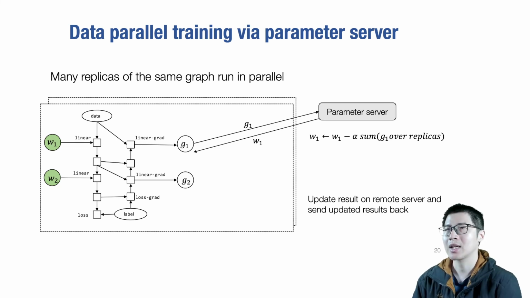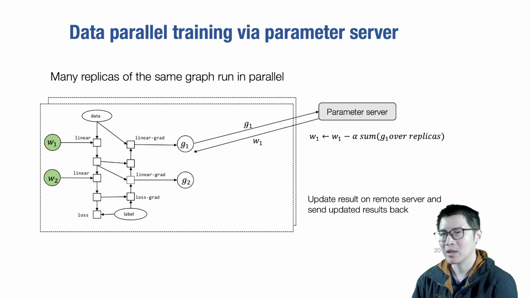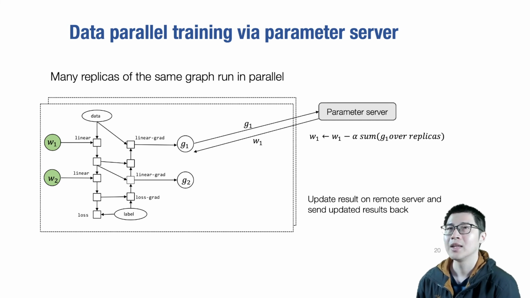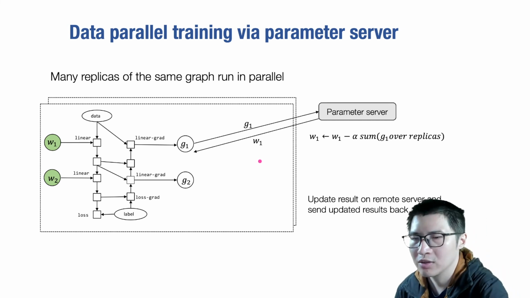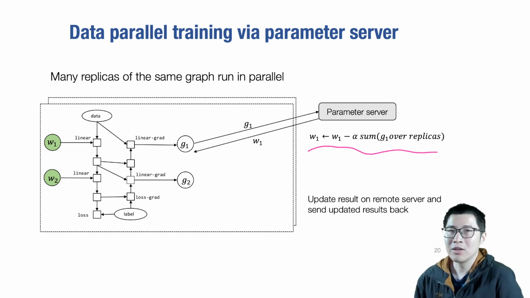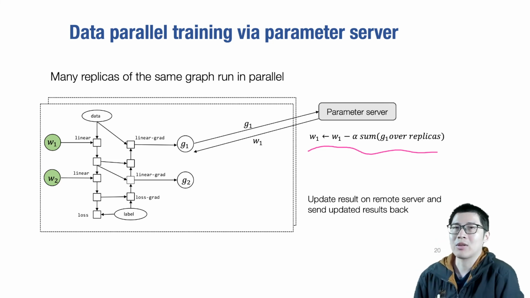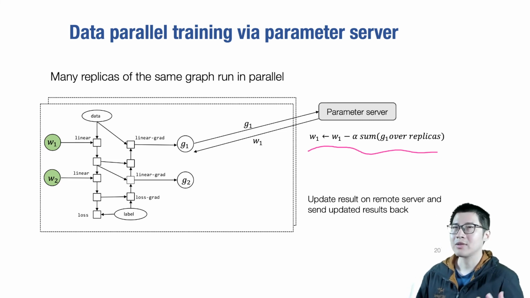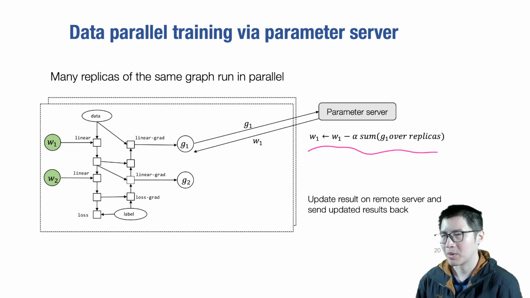In this case, the parameter server is going to wait for, say, 99 gradients to arrive, but ignore the rest of the stale gradient. You can still do an approximate gradient by summing up the gradient from the 99 workers and doing the weight updates. So the advantage of parameter server is that it allows us to have a more robust training process, if you want a more advanced strategy.